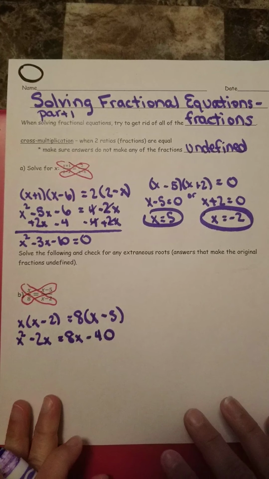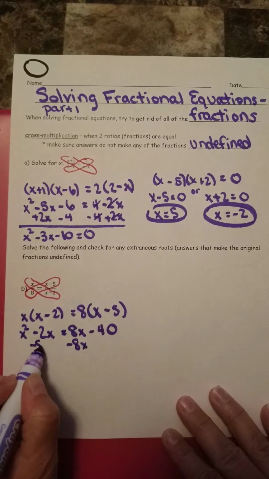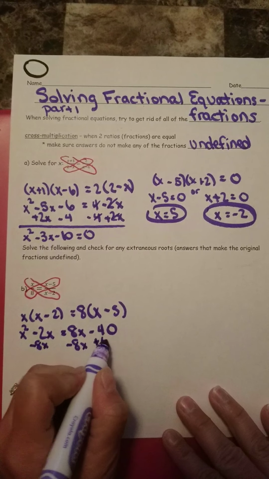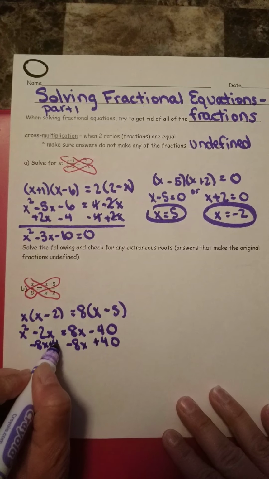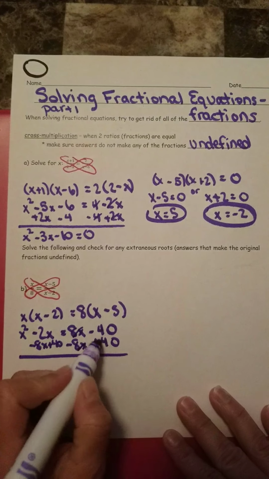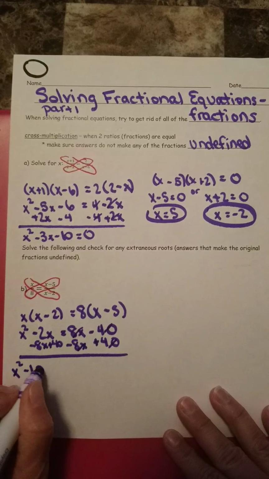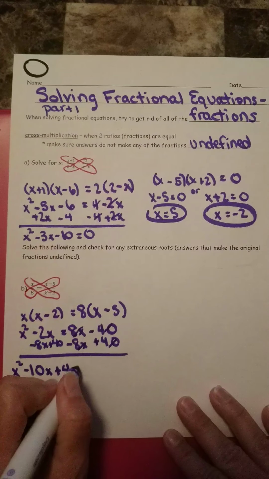Again, because we have a power of 2, we're going to set it equal to 0. So I'm going to subtract 8x from both sides, and add 40 to both sides. The 8x's and 40's cancel, so we have x squared minus 10x plus 40 equals 0.